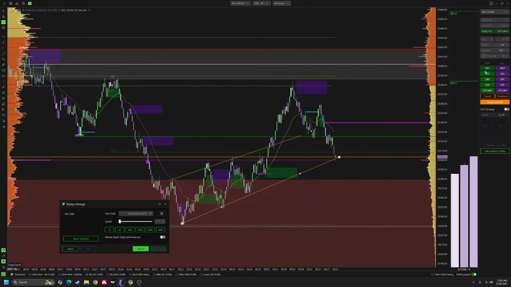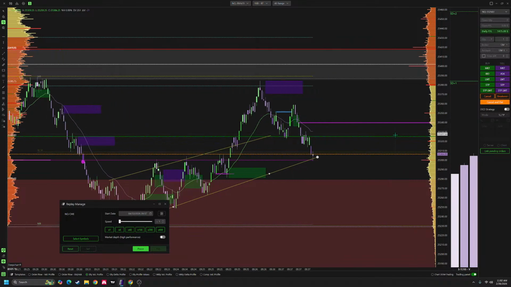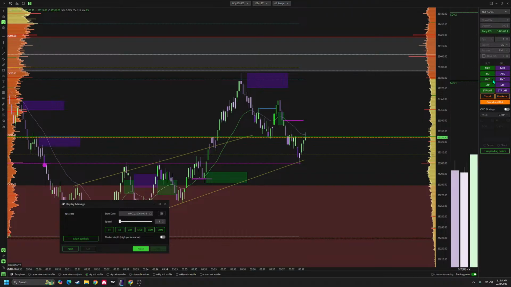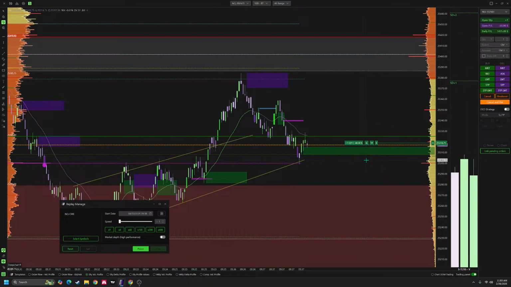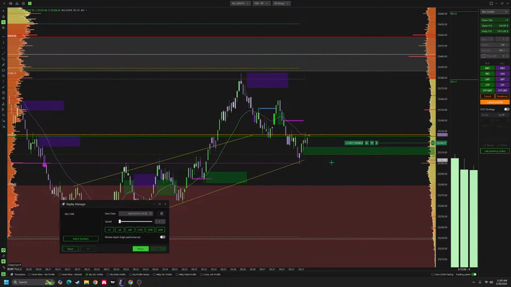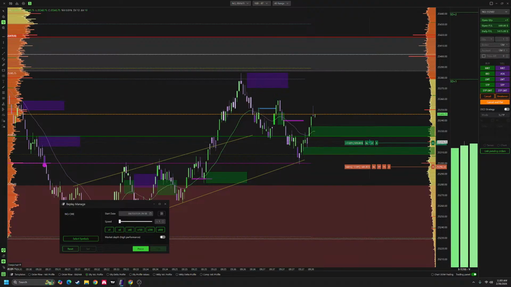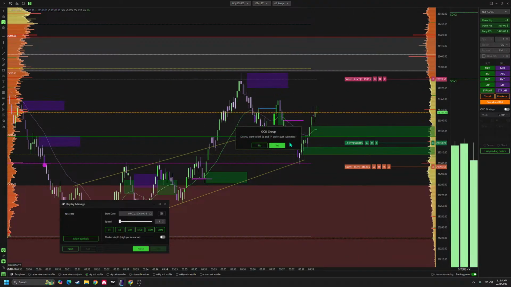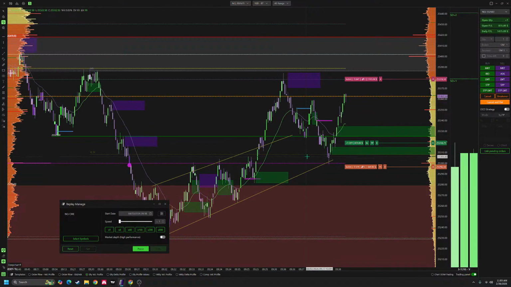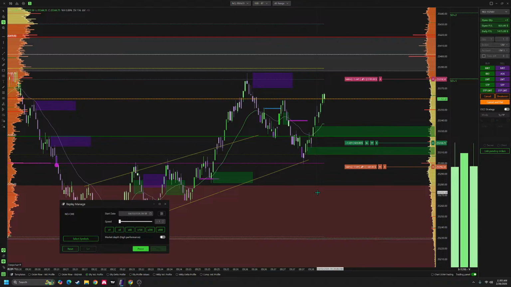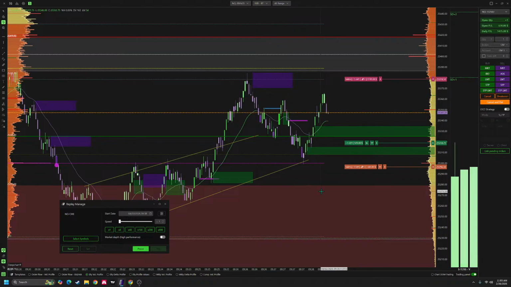We're going to market smash it if we see some aggressive buyers step in or some sellers get absorbed, and we're going to market smash right there. We saw some aggressive motion. We're going to put our stop loss behind the POC, and our profit is going to be back at this area where we set it up before.